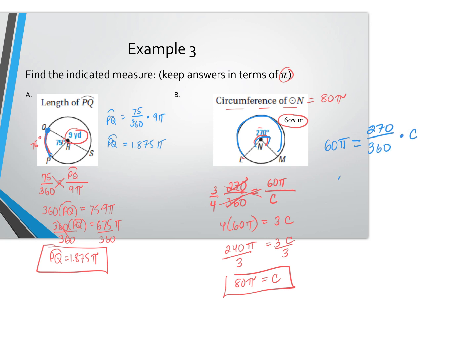So in this case, I'd have 60 pi equals, again, 270 over 360 simplifies to 3/4 C, and if I was solving for C, I could multiply both sides by the reciprocal. That would isolate C for me, right? So I would get C equals 4/3 times 60 pi. Well, that equals 240 pi over 3, which simplifies to 80 pi. And notice you got the same answer.